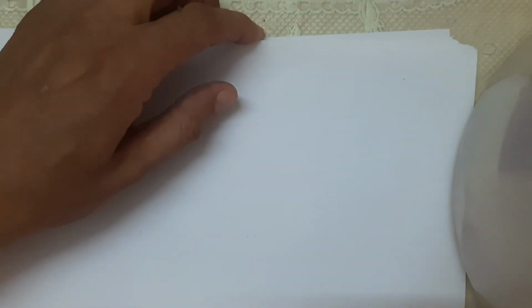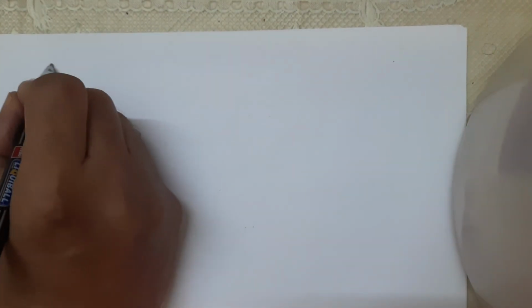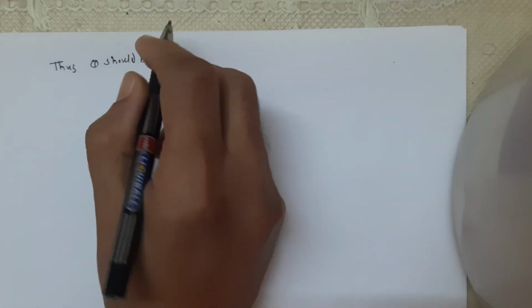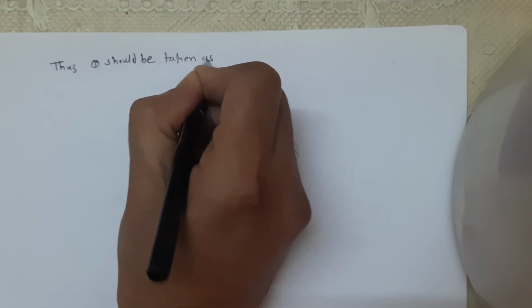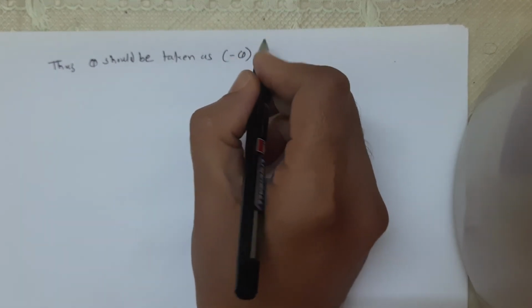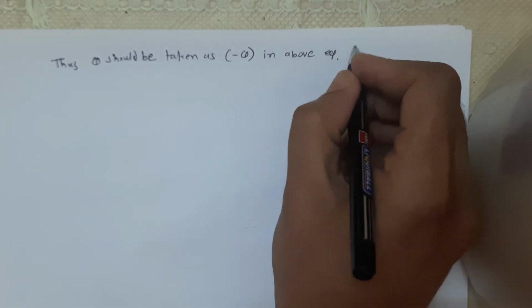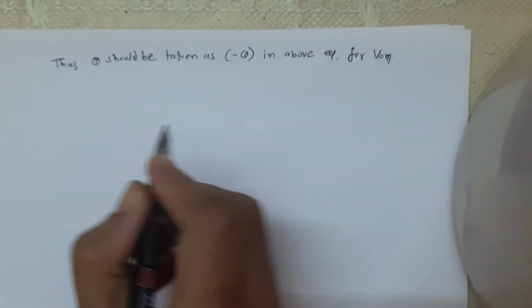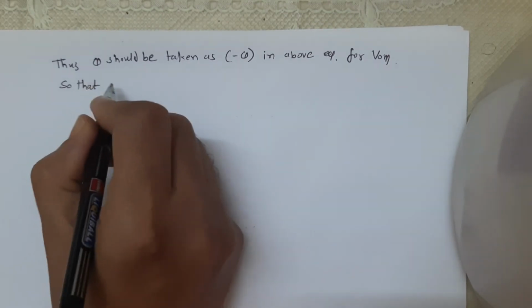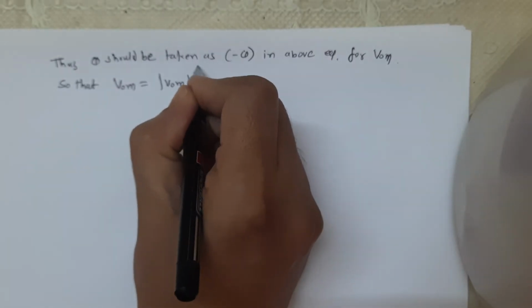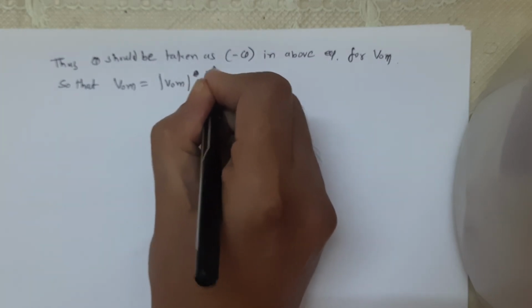Hence, this theta should be taken as minus theta in the above equation for VOM, so that VOM is equal to modulus of VOM e raised to minus j theta.